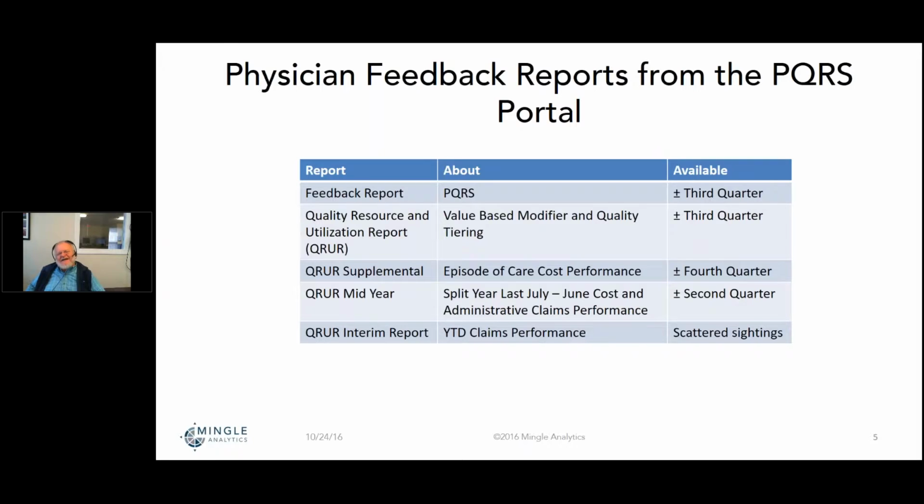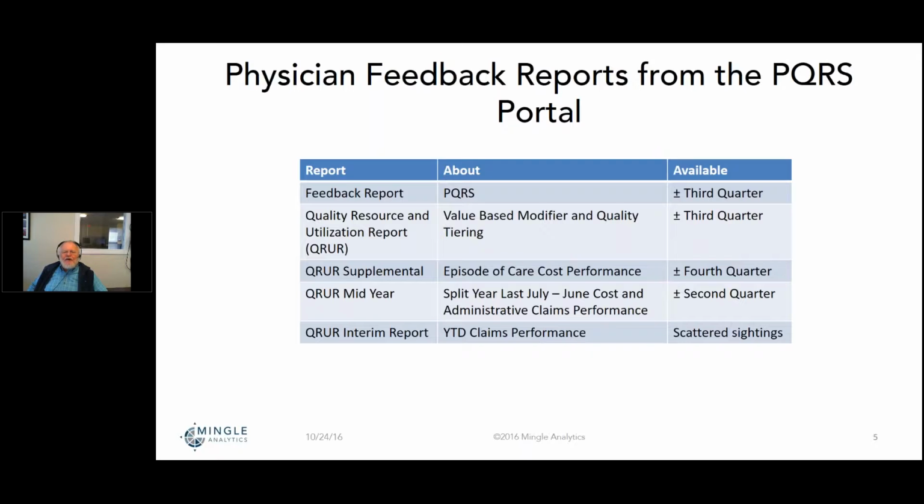So what's presented in this episode of care cost performance supplement is all those proposed episodes of care and how you are performing to date on those, so you can start getting prepared. There will only be a limited number of those that are brought live in the first year, and they may change from year to year, some being discontinued, some being added, the kind of evolution we've seen right along with PQRS measures.